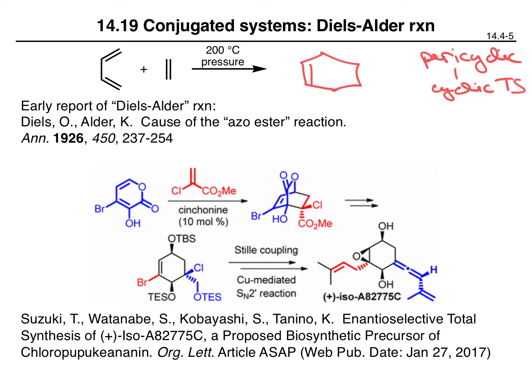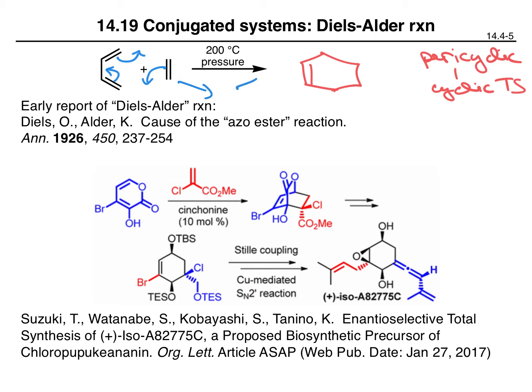We're thinking about this as a cyclic transition state, so we can imagine that these electrons move here, these electrons move here, and these electrons move here. Now, we're allowed to point to the space where the bond is going to be. It doesn't matter whether we're going clockwise or counterclockwise, as long as our electrons are moving in a circle.